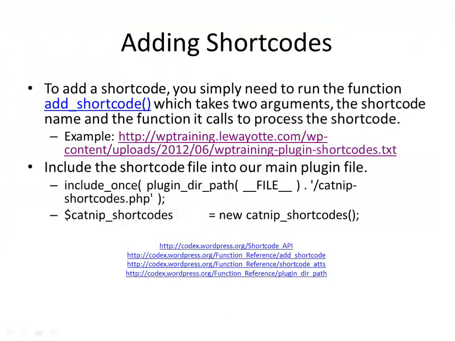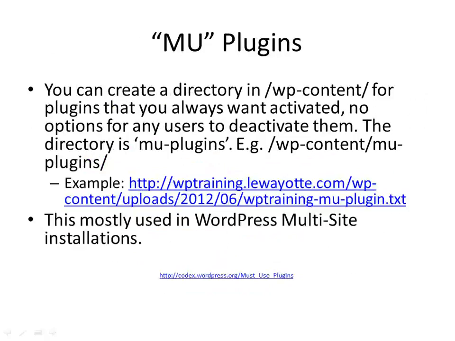Alright, so let's continue. New plugins. MU plugins. MU used to mean multi-user plugins. You can add a directory in wp-content called mu-plugins. The reason for that was there used to be two different versions of WordPress: WordPress single user, or just the basic normal WordPress install like we did today, and a branch of that called WordPress multi-user, WordPress MU.